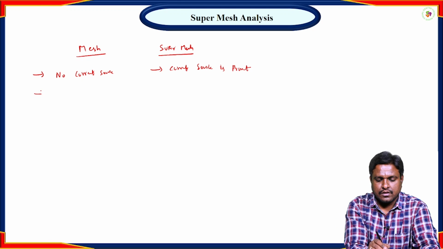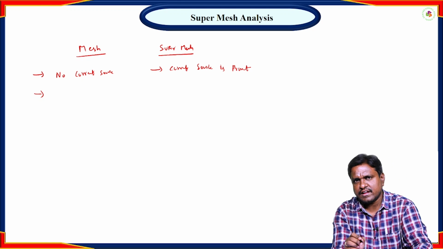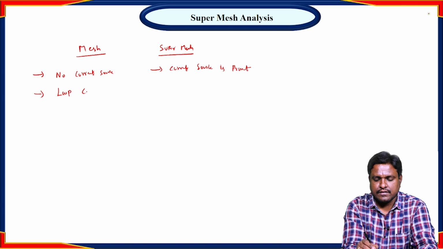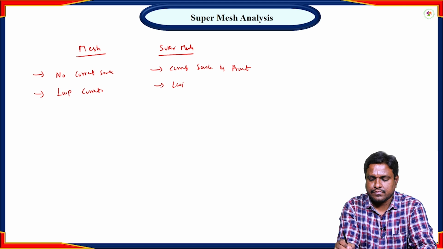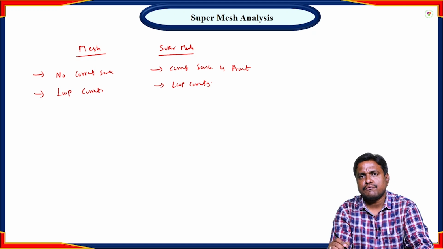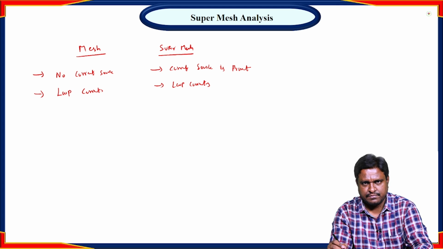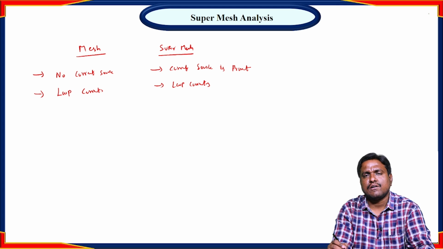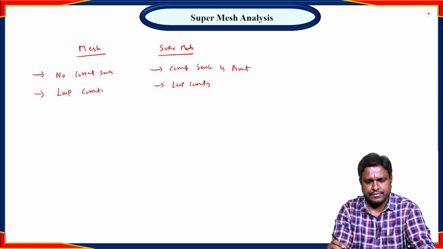Next, what is common between these two is, in both cases we are going to find the loop currents. Again, with the help of these loop currents, we are going to find the response in the system, that may be the voltage, current or power across any of the elements in the circuit.